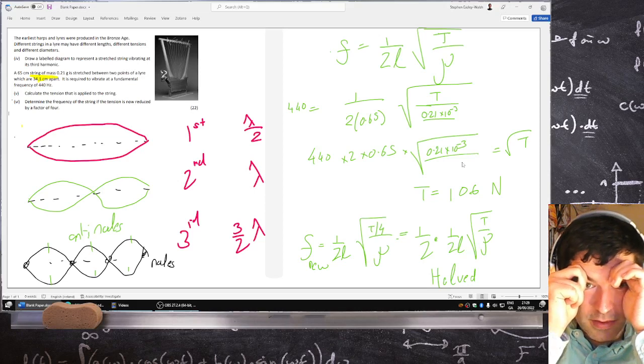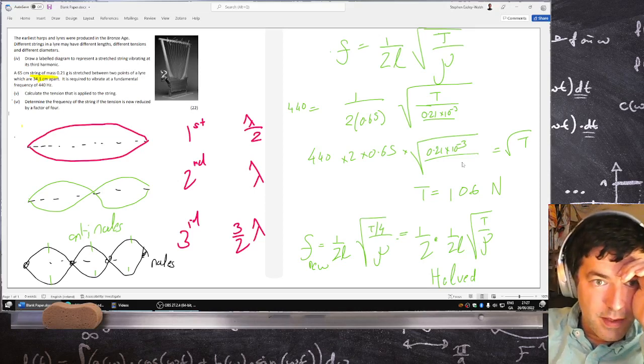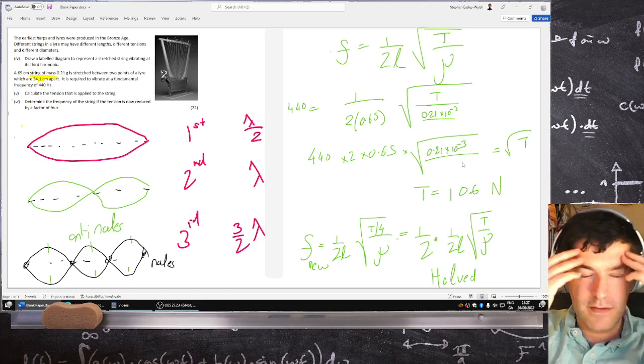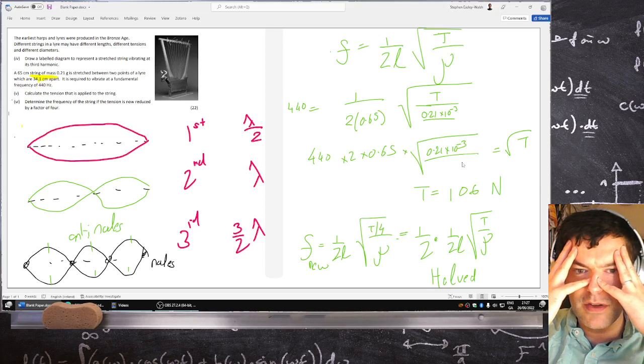It's terrible. Is the string 65 centimeters or is it stretched to 65 centimeters? And how could it be stretched if the distance is only 34.1?